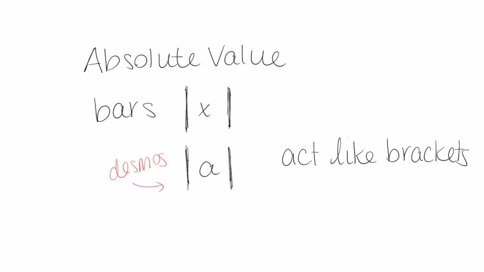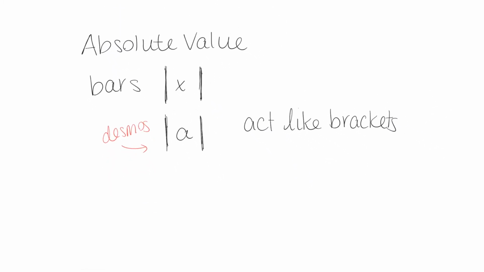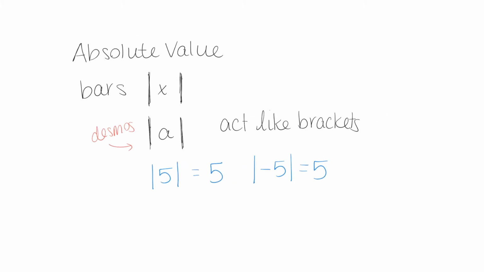So let's look at what something might actually look like. If I asked you for the absolute value of 5 that we've already talked about, the absolute value of 5 is 5. And the absolute value of -5 is also 5. So you'll notice that the absolute value of any number must be positive.